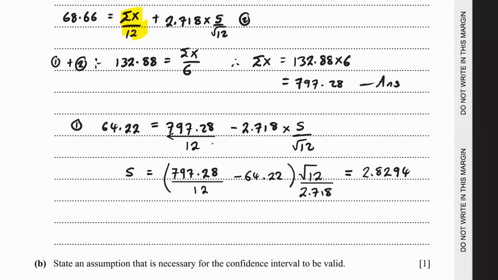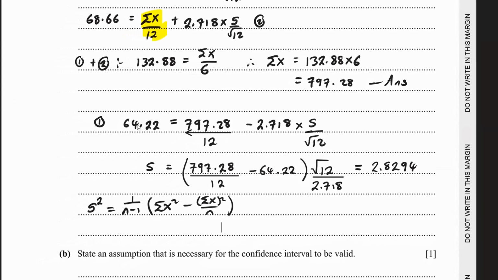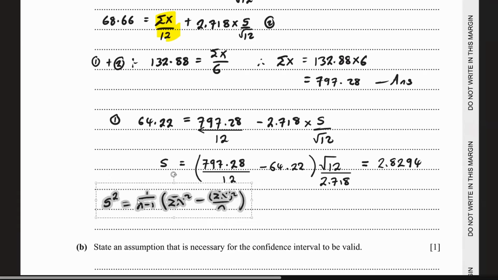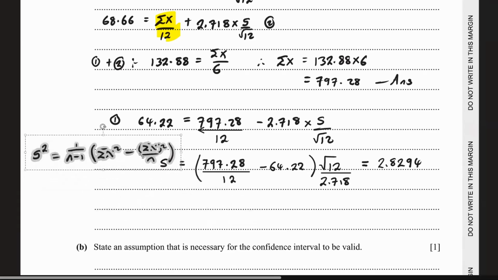Now we know that s squared is calculated as 1 over n minus 1 of the sum of squares of x minus the sum of x, all squared, over n. So we can actually find the sum of squares of x. This is the formula we're going to use. Let me put it on the side so that we have enough space.